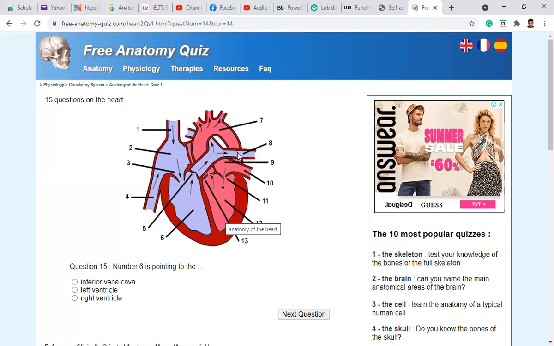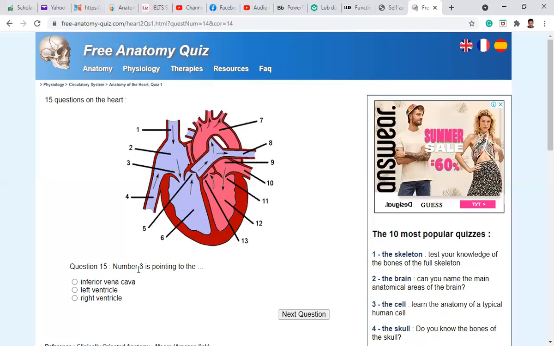Blood has to go to both of them. So that is why the pulmonary artery splits into 2, one going to the right and one going to the left. Okay. Good.